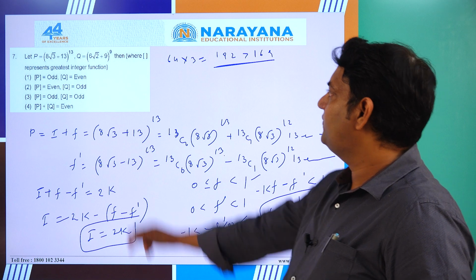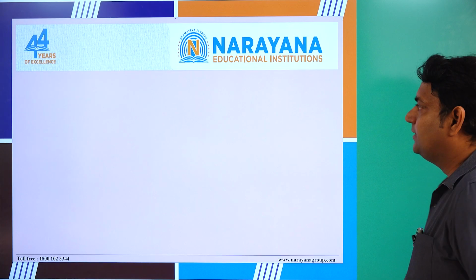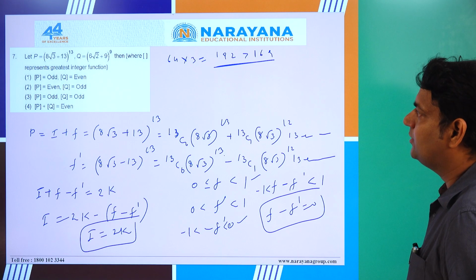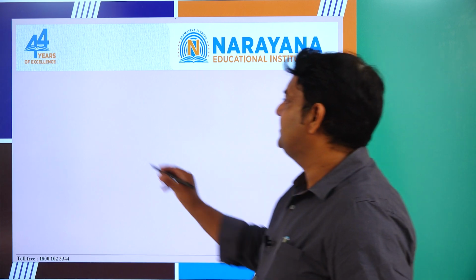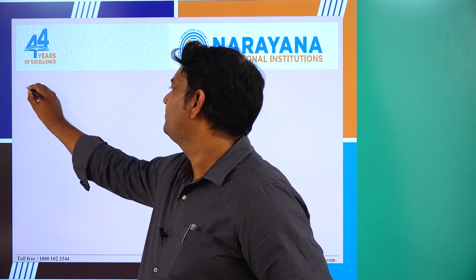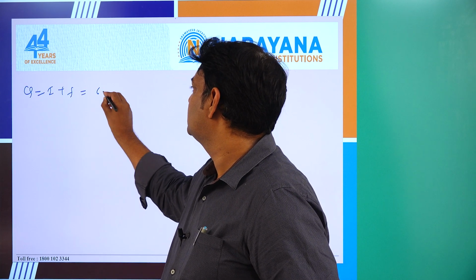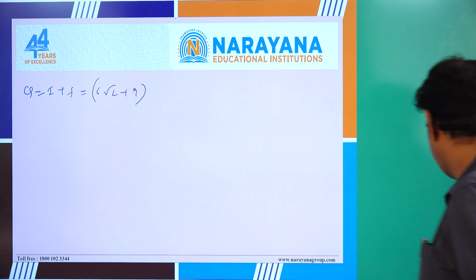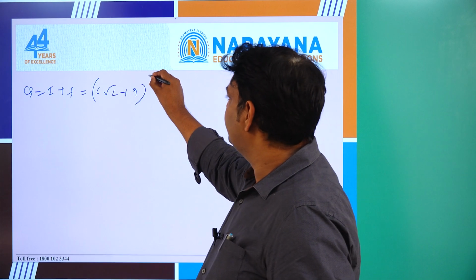Now we will go for q. Same procedure you have to repeat for q. See, what is q? (6√2 + 9)^9.